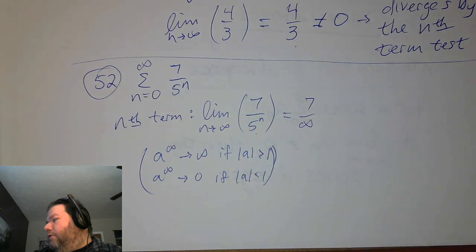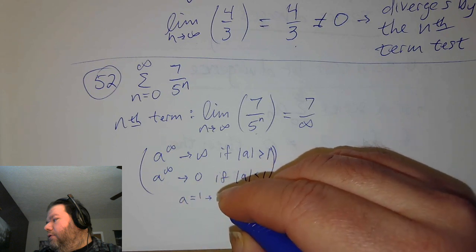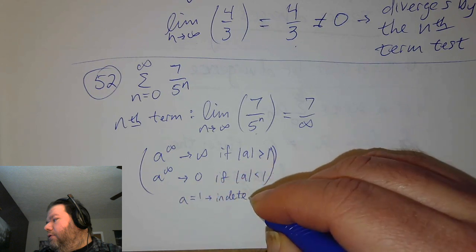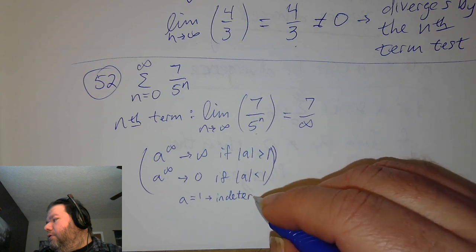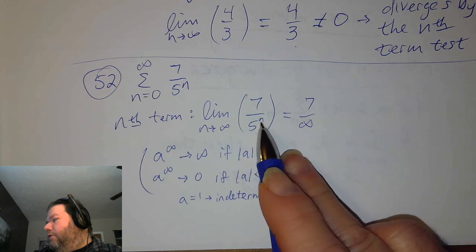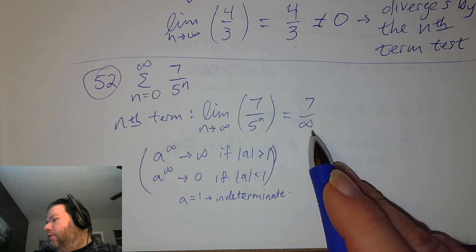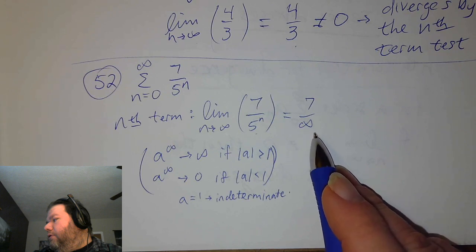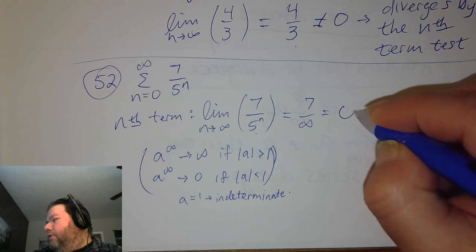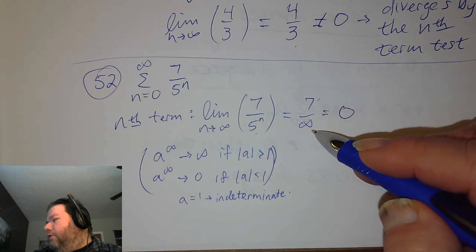If it's equal to 1, it's indeterminate, actually, because 1 to infinity is one of our indeterminate forms. Anyway, so 5 to the infinity, 5 is bigger than 1, so that's going to go to infinity. 7 over infinity goes to 0. Okay, any finite number divided by infinity is always 0.